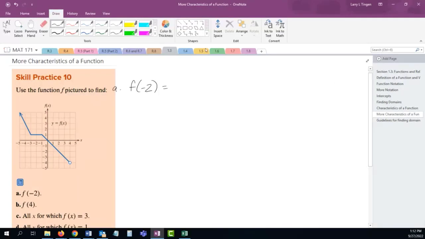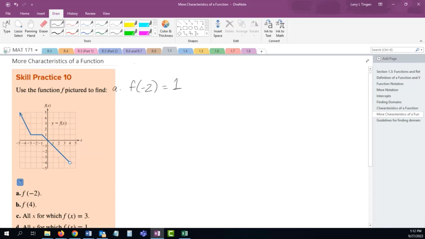Go to our graph. X is -2, y is 1. Now, here's what I want you to think about. And I've been batting this around for a couple days, trying to make sure you understand it.